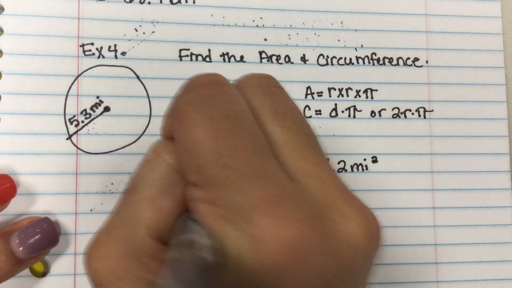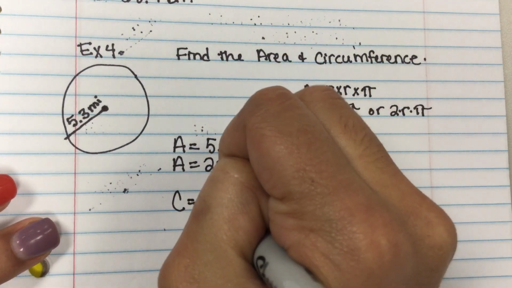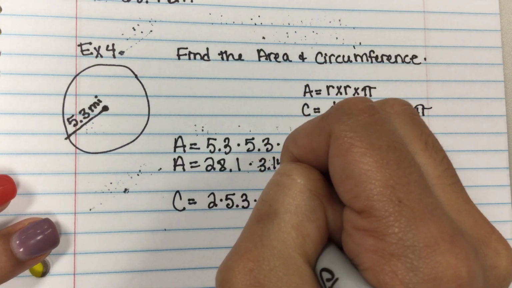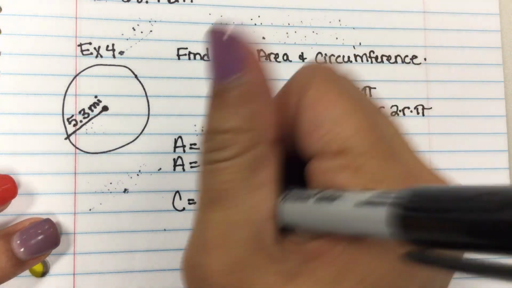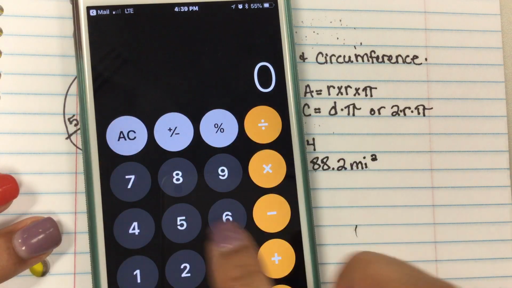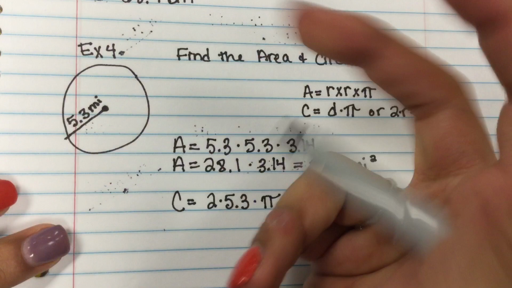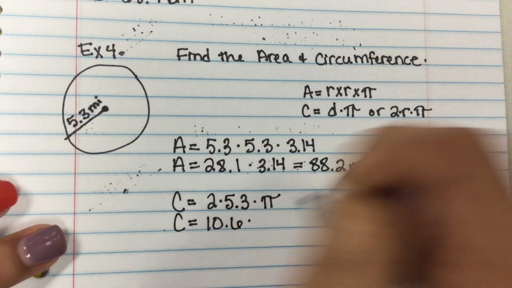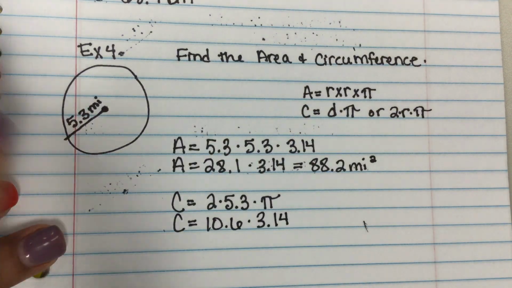So we have our circumference is equal to 2 times 5.3 times pi, or 3.14. Okay, so first off, in order to find the diameter, I got to multiply that 5.3 by 2. So 5.3 times 2 gives me 10.6. Okay, then I still got to multiply it by pi.